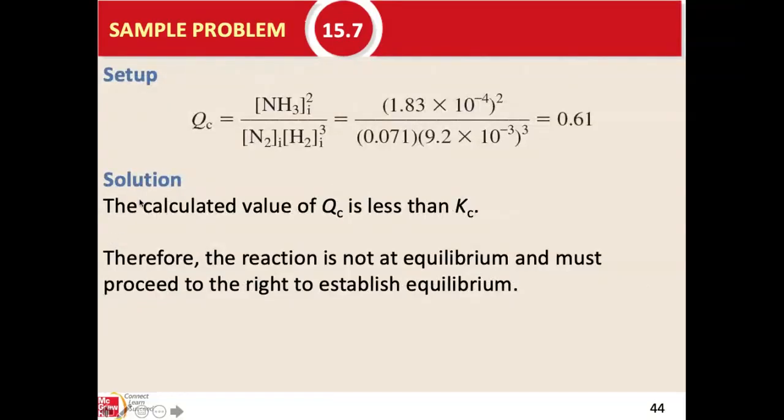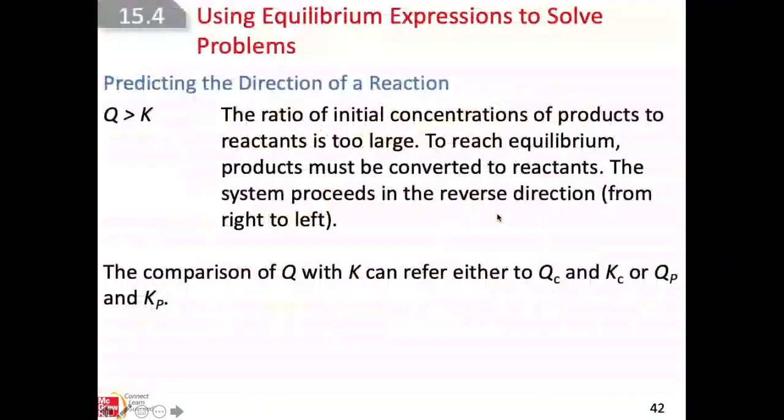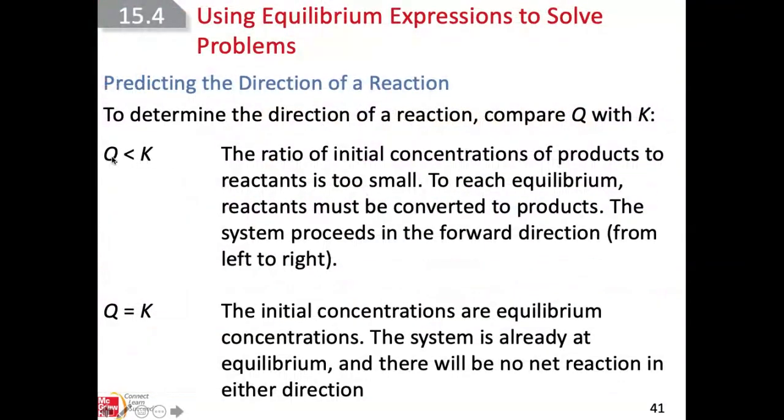So what we will do, we have to write down the expression for Qc, substitute all those variables with the values, and calculate Qc. As you can see, Qc, 0.621, is less than Kc, which is 1.2. And now we are in the case where Q is less than K. That means we do not have that much product. First of all, the reaction is not at equilibrium. We don't have a lot of products, and in order to reach the equilibrium, the reaction has to proceed from left to right.